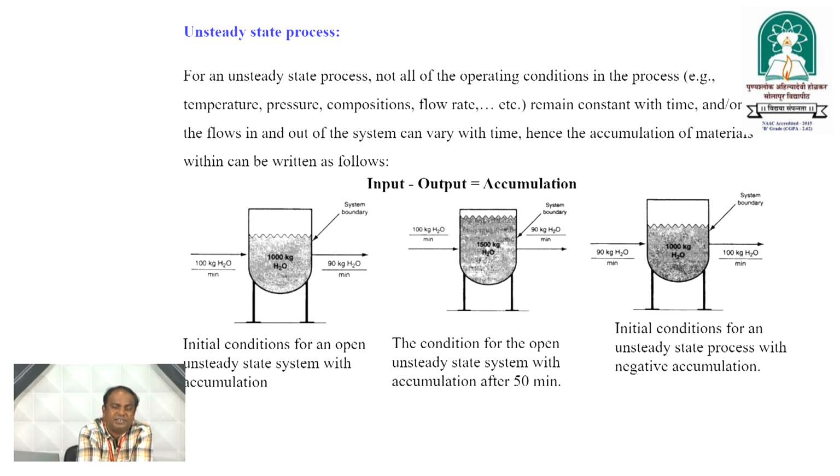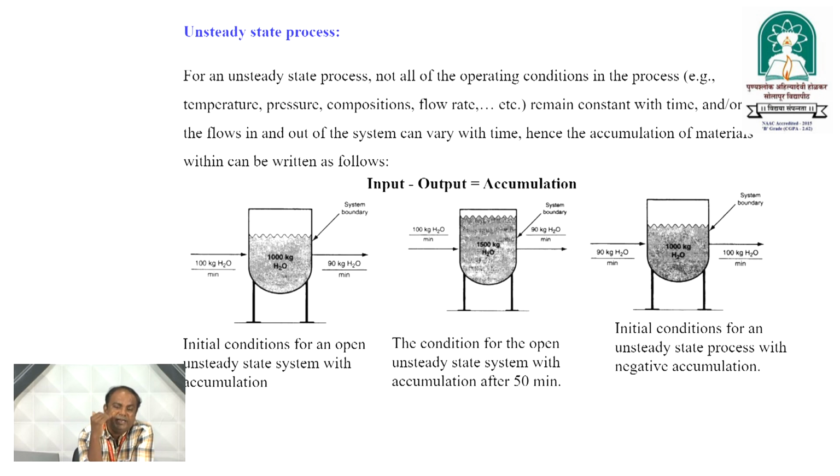In the unsteady state process, all those parameters do not remain constant. That means thermodynamic parameters, temperature, pressure and composition, do not remain constant. So any process in which any of the thermodynamic parameters do not remain constant, we call an unsteady state process.